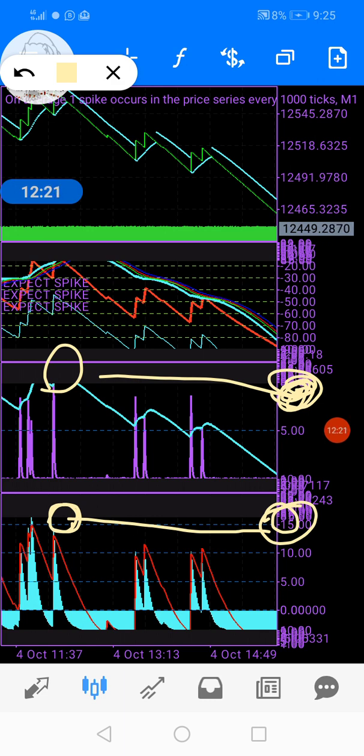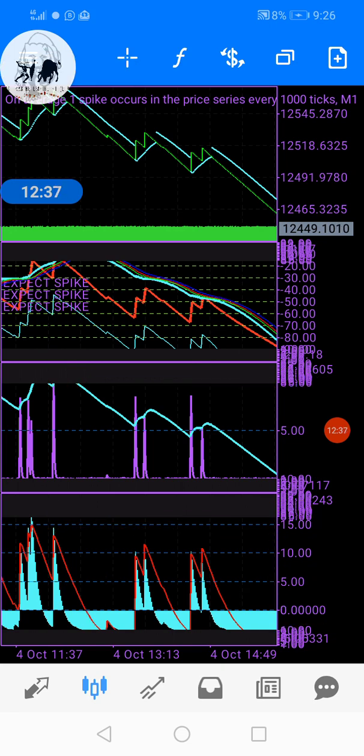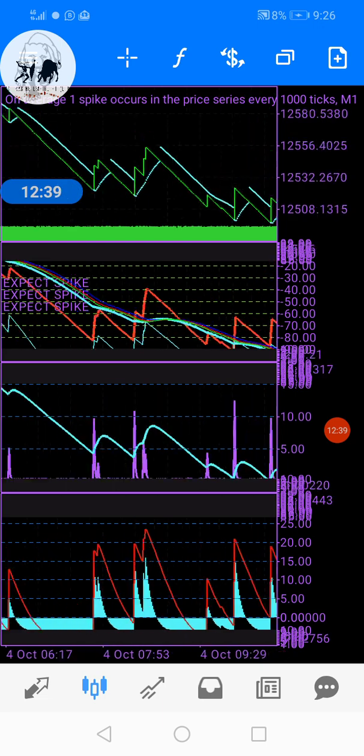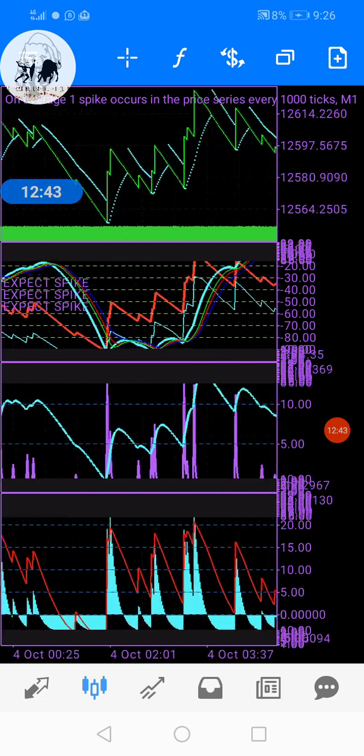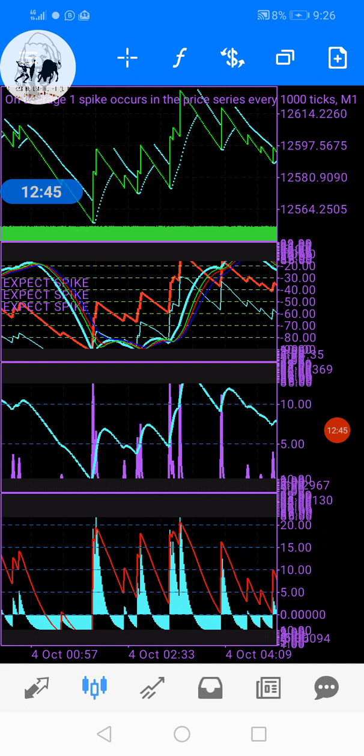So when you hold your trade, pay attention to this red moving average. As soon as it touches your 5, this is your 5 right here, or when it touches your 0, it's fine, just get out. The aim is not to get everything. As long as you can take 5 candles from this, then you get out, then it's fine.